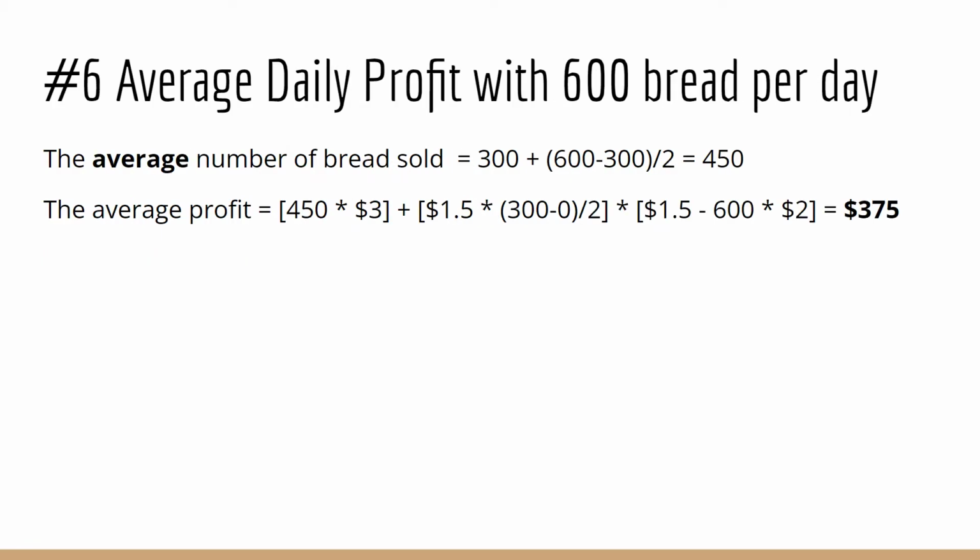Question six is asking the average daily profit with 600 bread per day. So the average number of bread sold is at least 300, plus (600 minus 300) divided by 2, which is 450 bread.